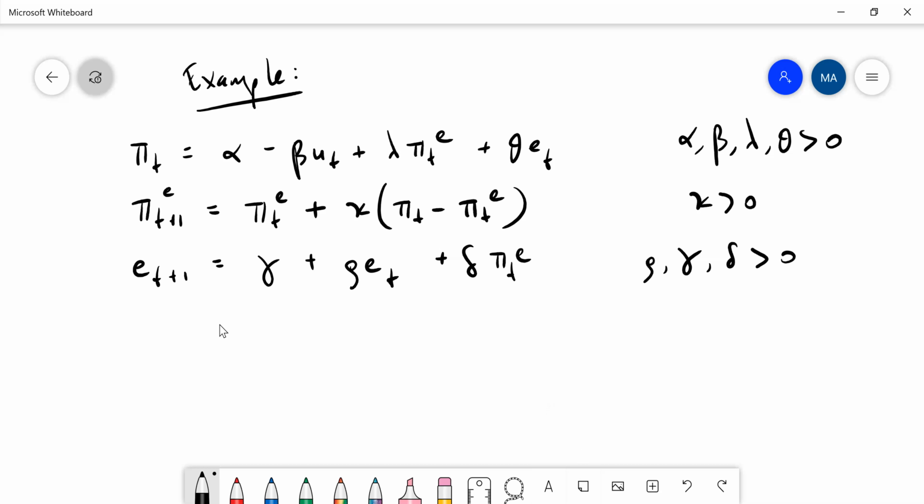Okay, and finally, you have the evolution of the unemployment rate, and here it is in the short run depending on the demand management policies. Here we are going to look at the monetary policy simply. So mu is the monetary growth rate.